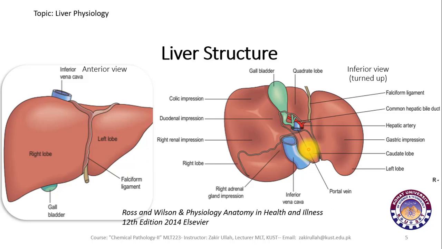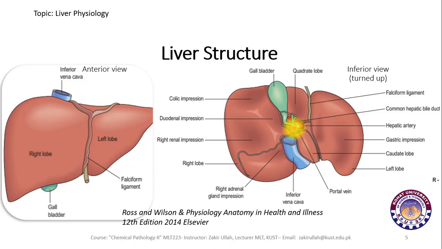Along with these lobes, we can see here a gallbladder which is present on the posterior surface of the liver, and this gallbladder is connected with the common bile duct, along with the hepatic portal vein and the hepatic artery.